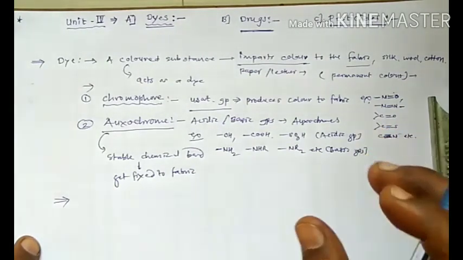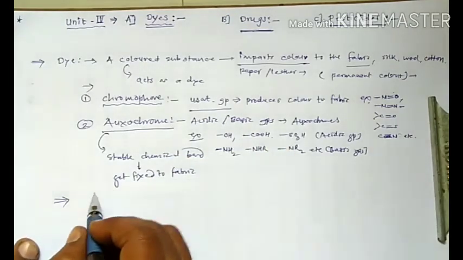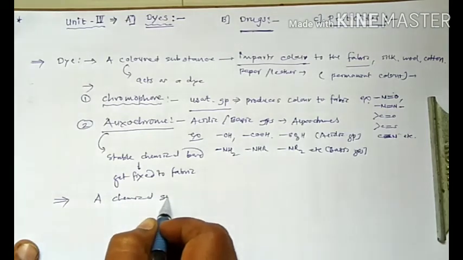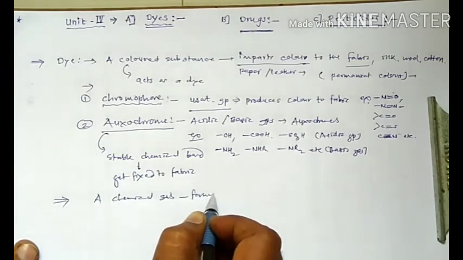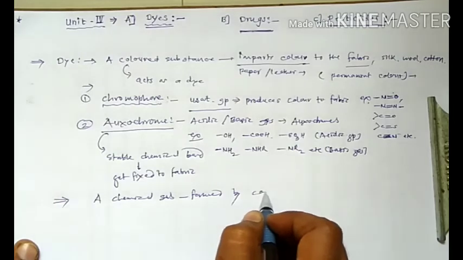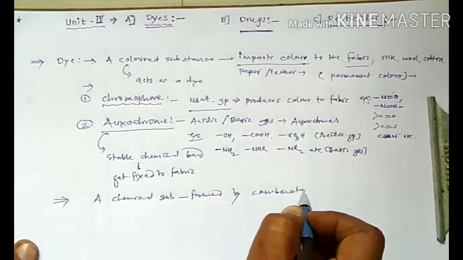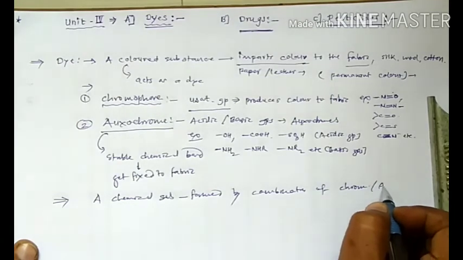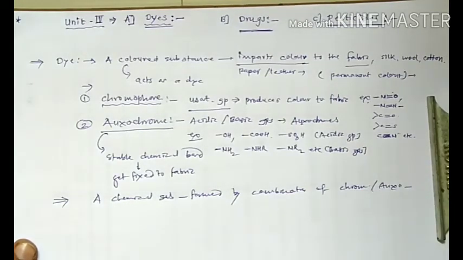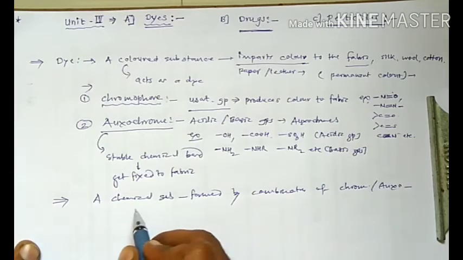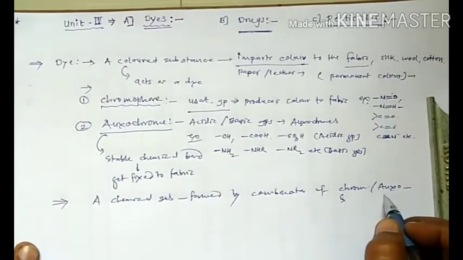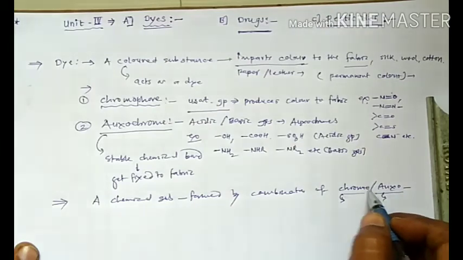The chromophore gives or imparts color to the fabric, and it gets fixed by using the oxochrome.